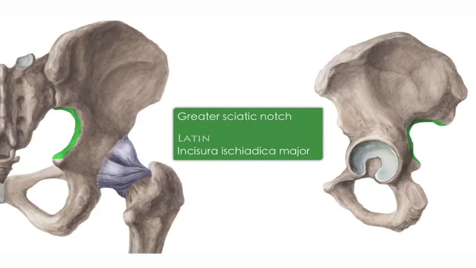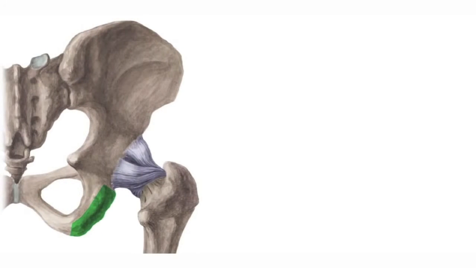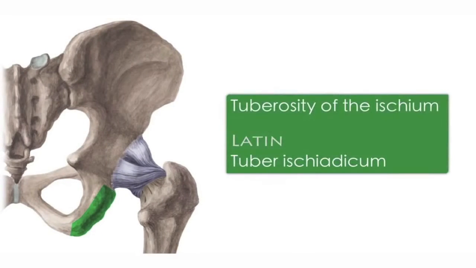Now, an important thing that you need to know is that another structure, the last structure of the ischium, is the tuberosity of the ischium, an ischial process at the lower end of the lesser sciatic notch. Like I mentioned before, the lesser sciatic notch will extend up to the tuberosity of the ischium, and of course this is the structure that we are highlighting right now.